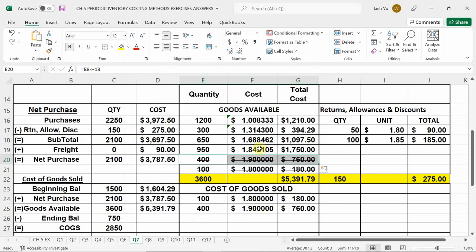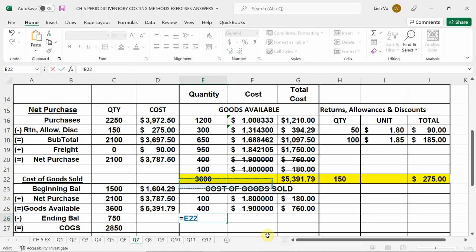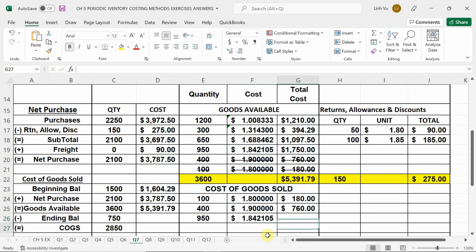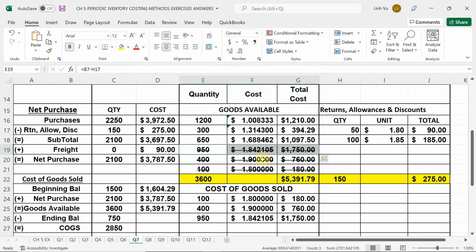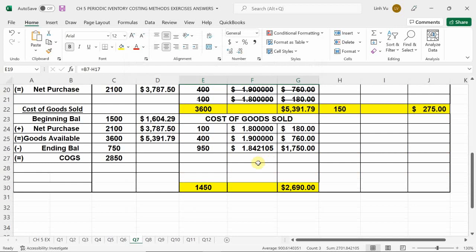Okay. What's next? The 950, right? We're going to get rid of the 950. Okay, so now we have a total of 1,450.